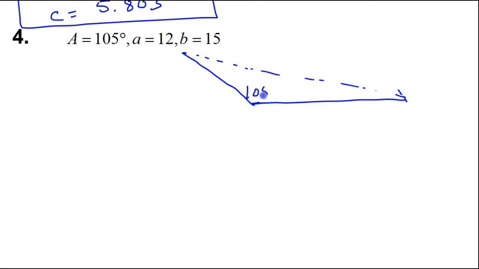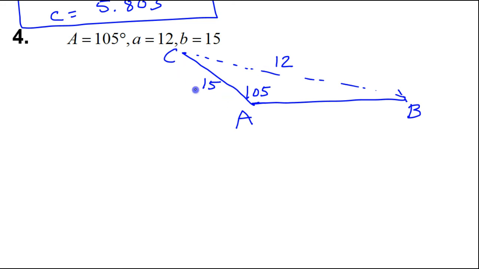So this is going to be my 105. So this is angle A. That means this must be side A, which is 12. And so this will be my rigid side, which will be 15. Since the 15 is side B, that means this is angle B over here, and this must be angle C.